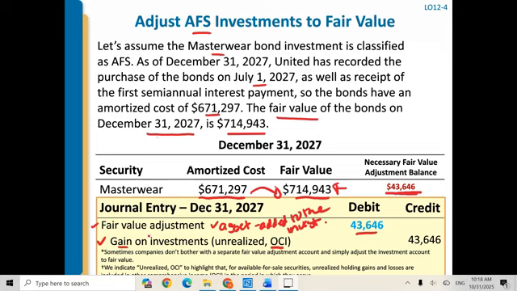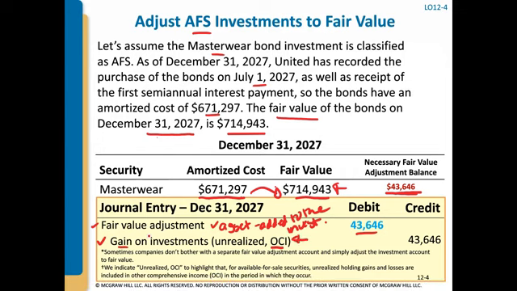So why is it, for available for sale, that we book this unrealized gain in this situation? It could be an unrealized loss depending on the way the fair value goes each period. Why do we book it to an OCI, an other comprehensive income account, rather than a regular net income or income statement account where it affects our income statement?